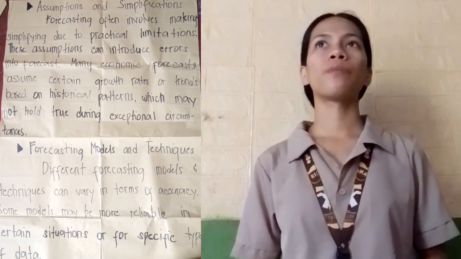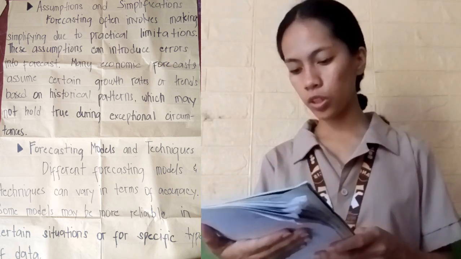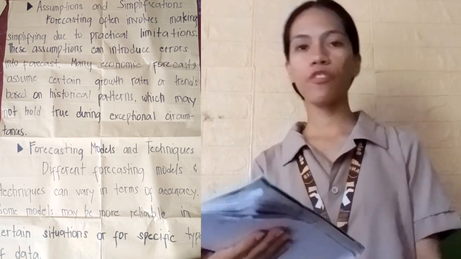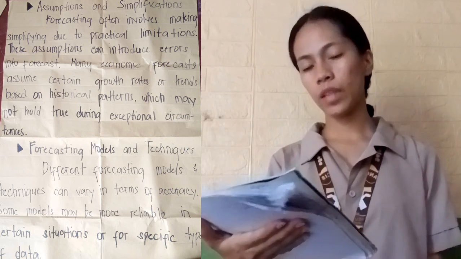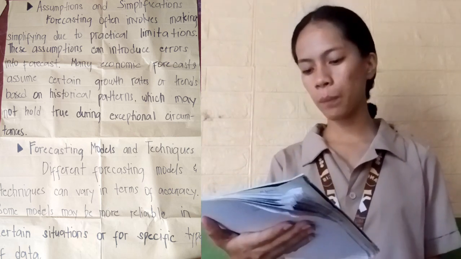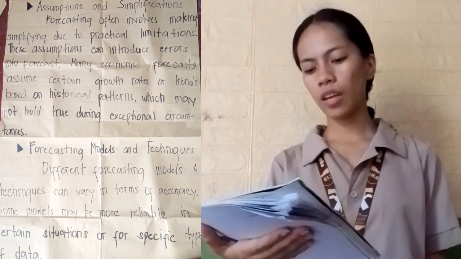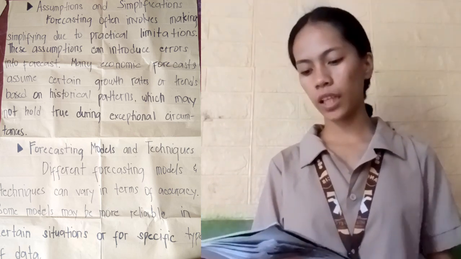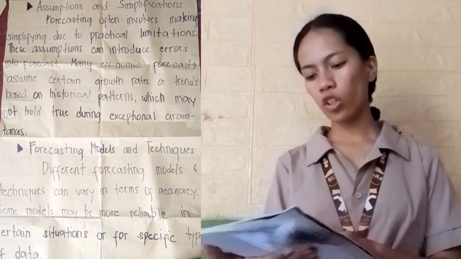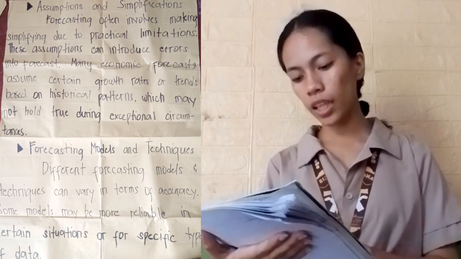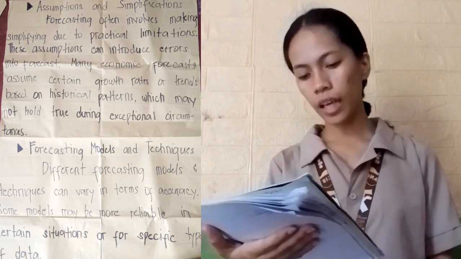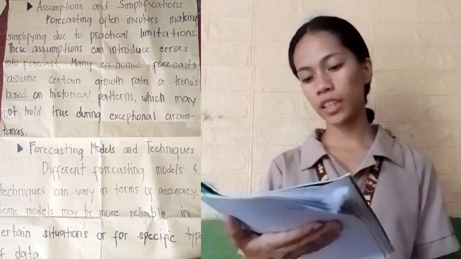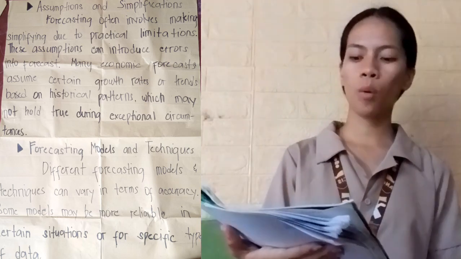You accept it even if you have no proof to show. Then simplification is to help simplify complex problems, focusing on essential aspects and ignoring non-essential details. That is assumption and simplification, to help manage complexity.